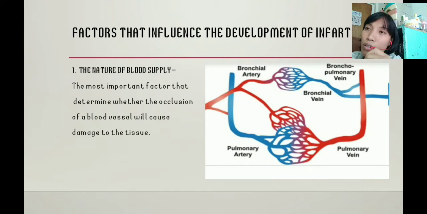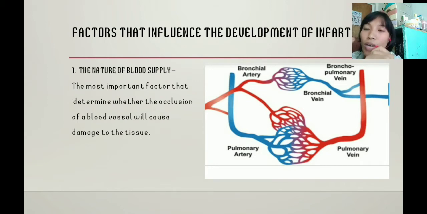Okay, so in this organ, the occlusion of either of the two blood supplies may be without effect. Why? Let me explain through this diagram of the lungs showing the bronchial artery and the pulmonary vein. Let's say for example one of these blood supplies has been occluded, say the bronchial artery, then this may result in ischemia.